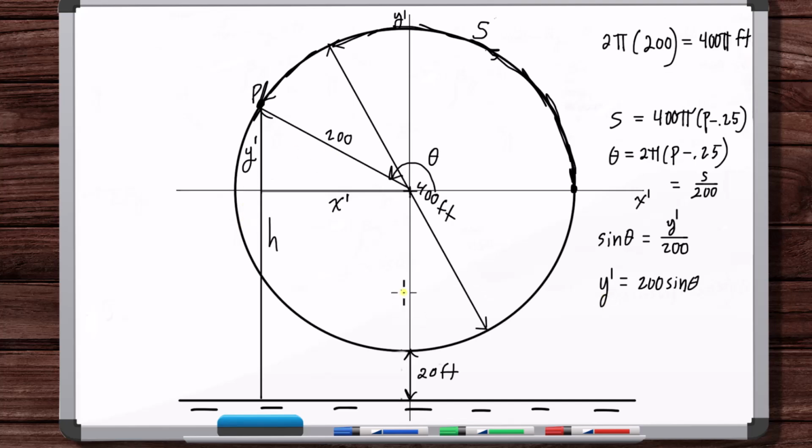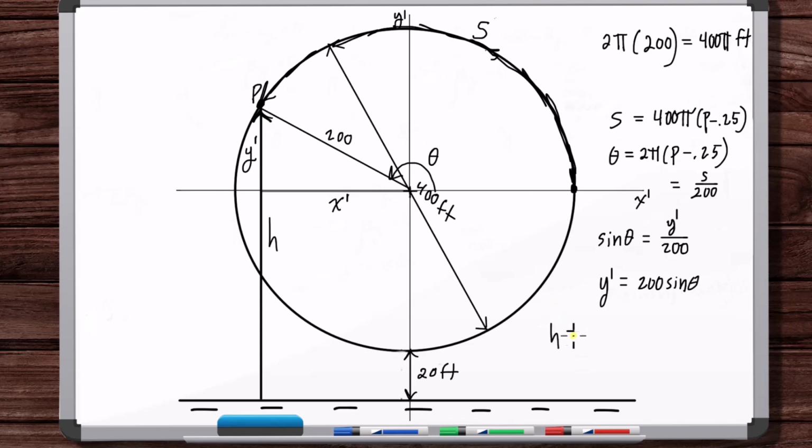Well, it's kind of confusing looking, but this is h. This entire distance is h. So what we want to do is add this distance, so 200 plus 20 plus y prime. That's going to be h.